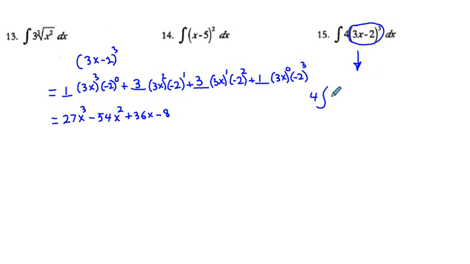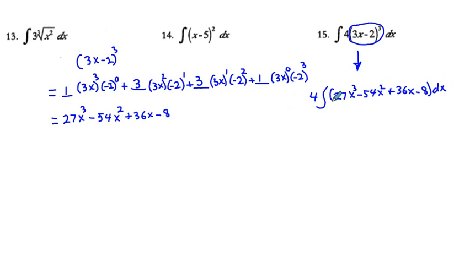I'm going to write 4 times the integral of 27x cubed minus 54x squared plus 36x minus 8, and it's going to be dx.